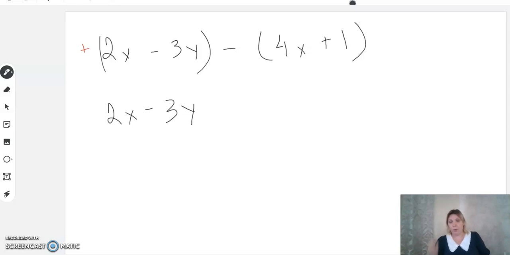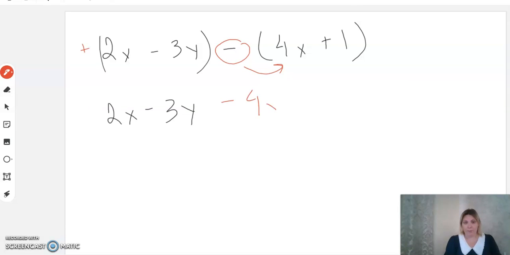That means that when you open the parentheses, you change the sign of everything inside. So if you have a plus in front of 4x, it's going to become a minus 4x. You're going to have a minus 4x, and yes, a minus 1. Minus goes through.